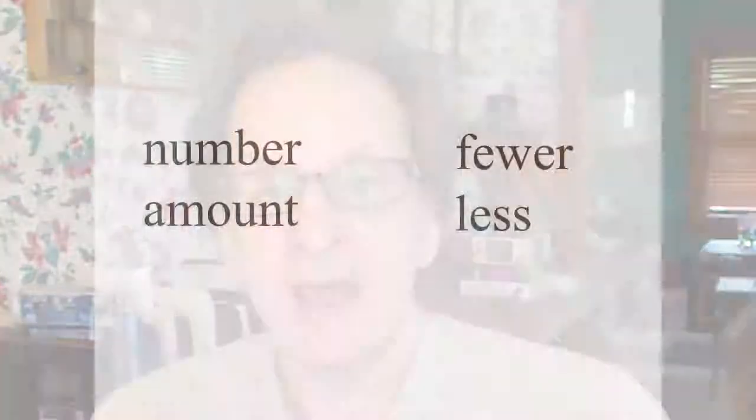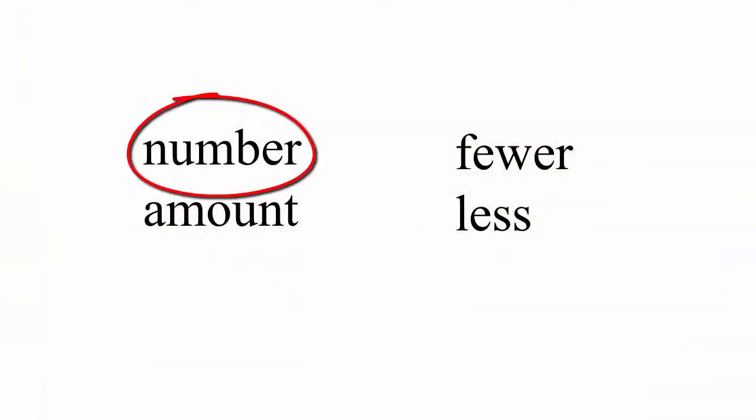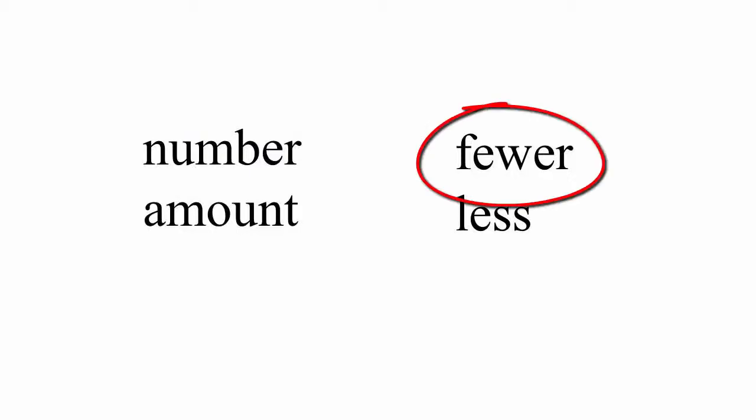Now, on the other hand, if I'm talking about that I buy my bird seed in bags, well, then that is something that's quantifiable. And so I would say that I'm going to go get a certain number of bags of bird seed. And I would also, by the same token, say I need fewer bags of bird seed this year because there are fewer birds.